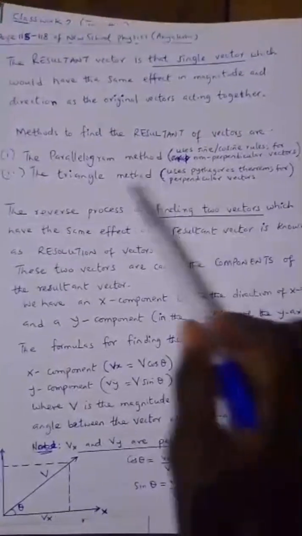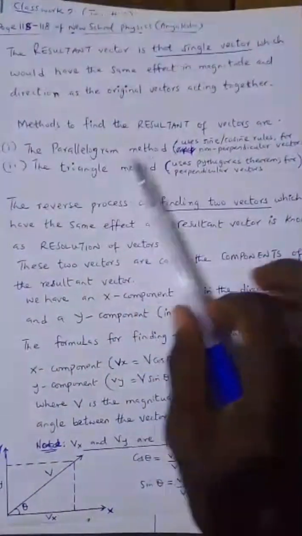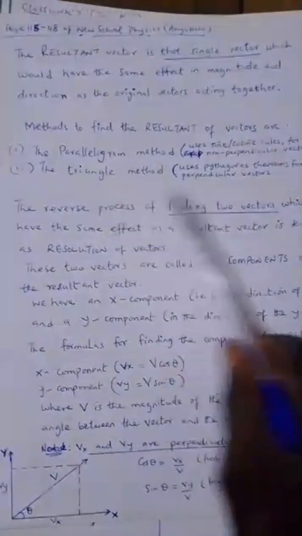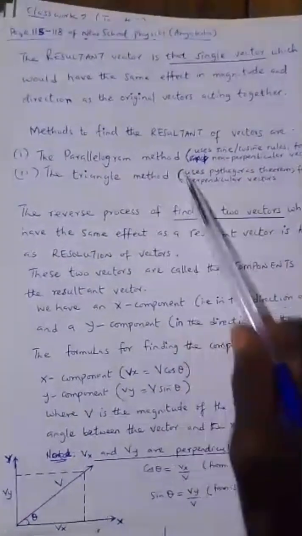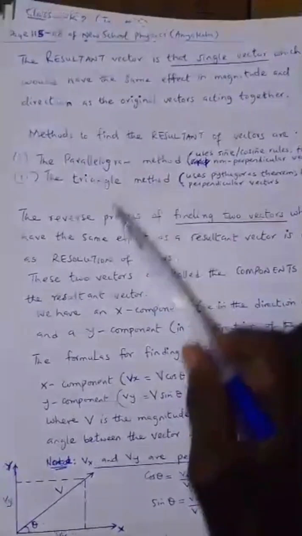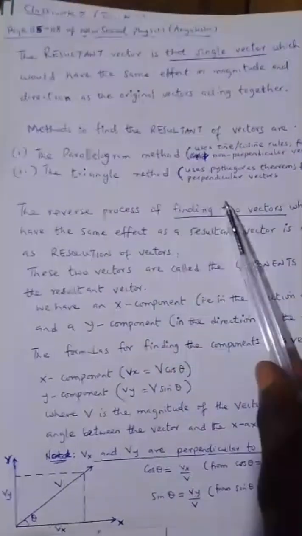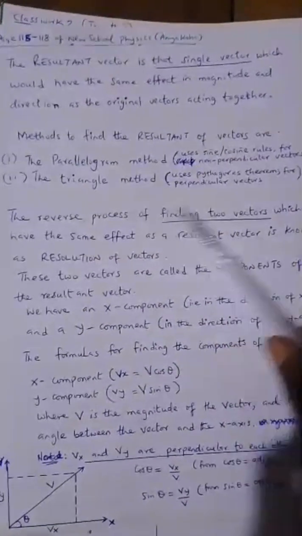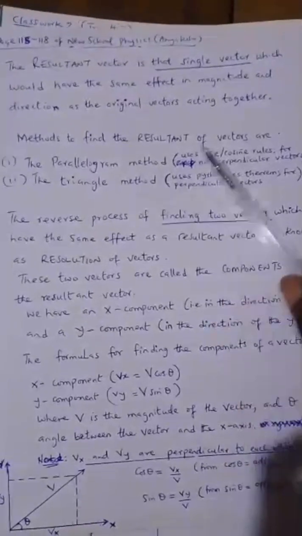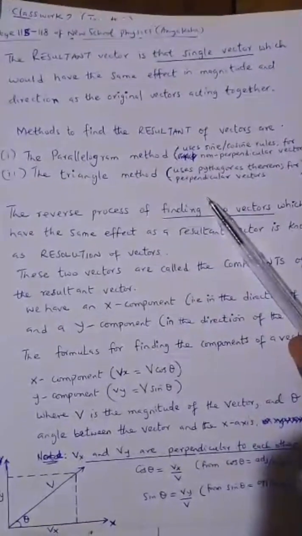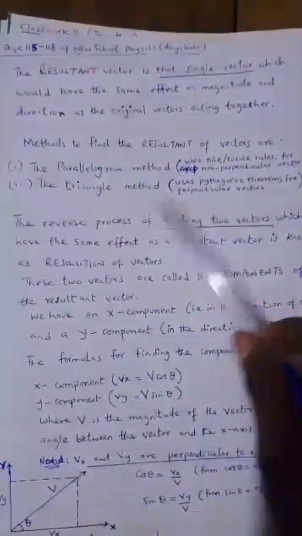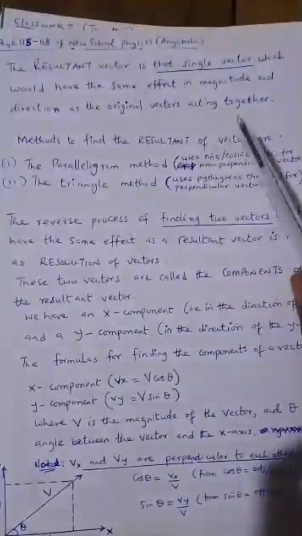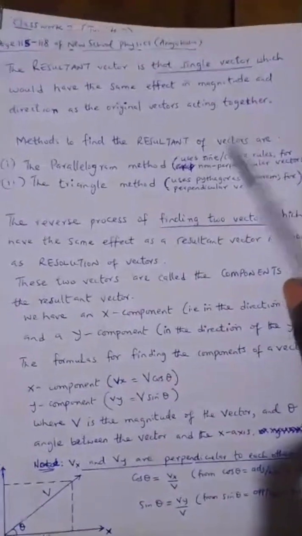All right, now there are cases where the vectors are not collinear. That means they are not at 180 degrees to each other or 0 degrees to each other. They could be at other angles in between 0 and 180. For those cases, we have two methods we can use to find the resultant of non-collinear vectors.